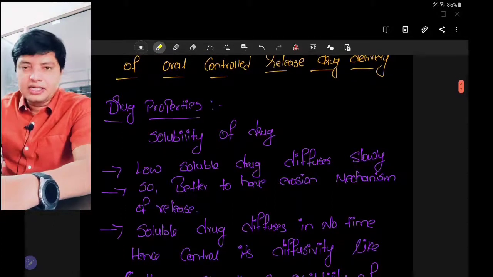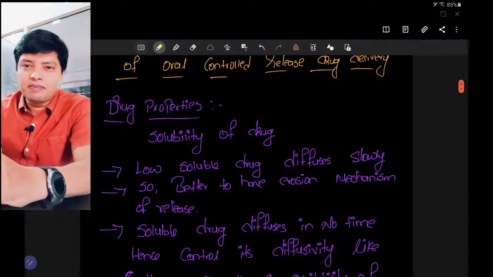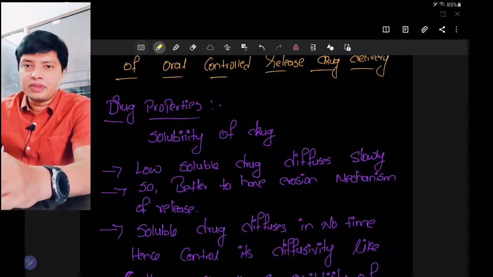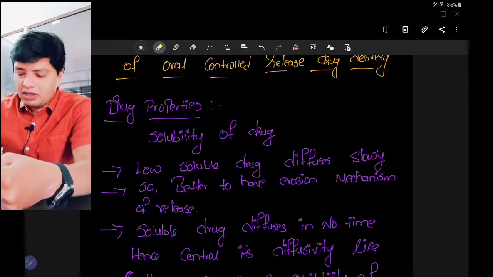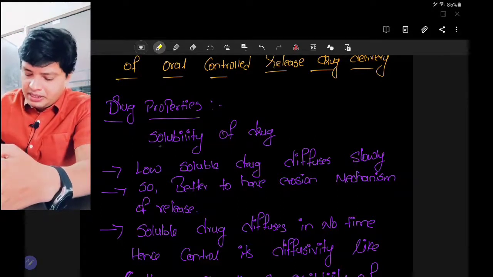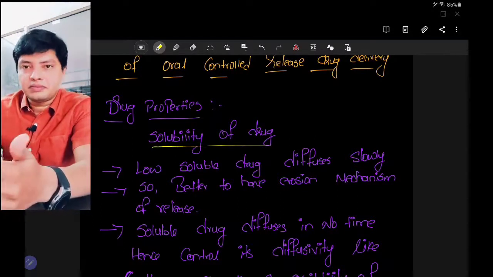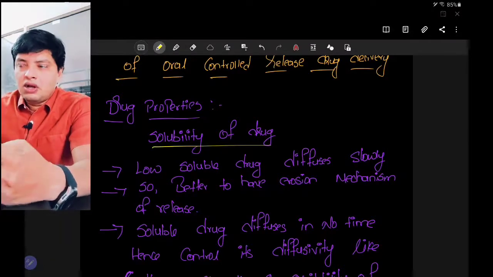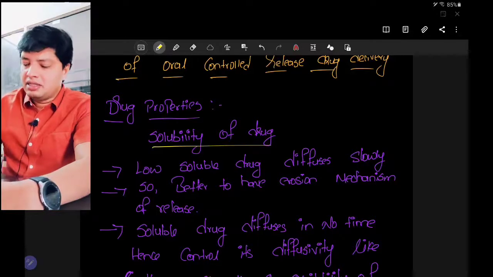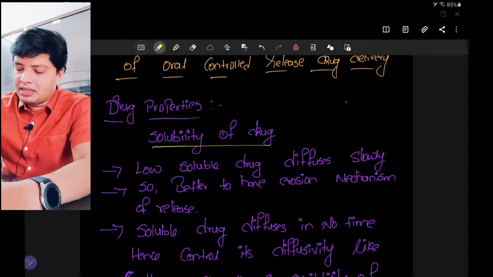So the first property here is the drug. The drug is the major part. What property of the drug influences the design of controlled drug delivery? The main property is solubility. If the drug is not soluble, it is not going to come out from the matrix. Let's say I have designed a drug tablet.